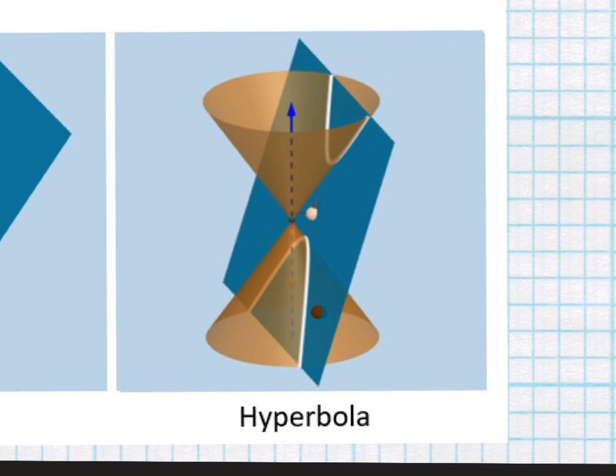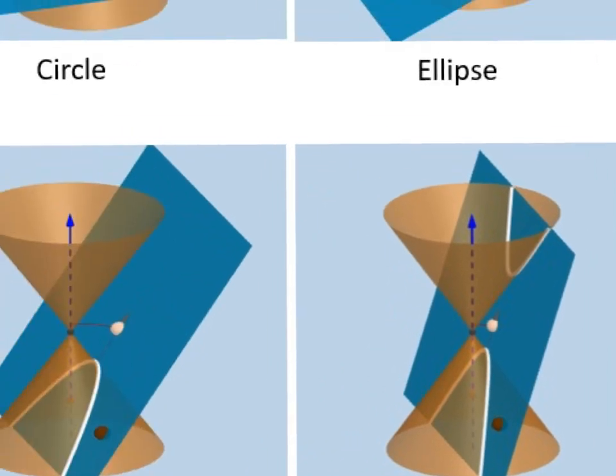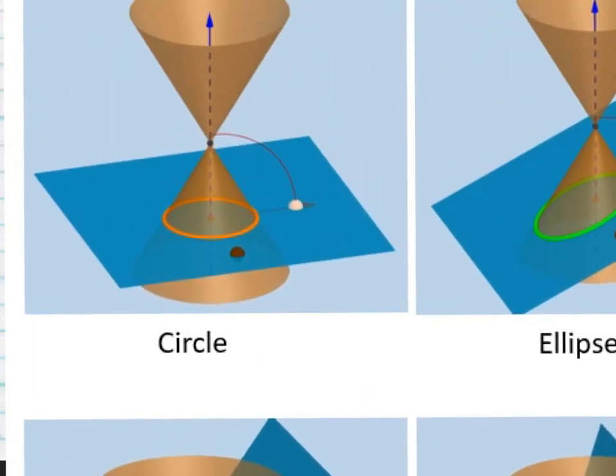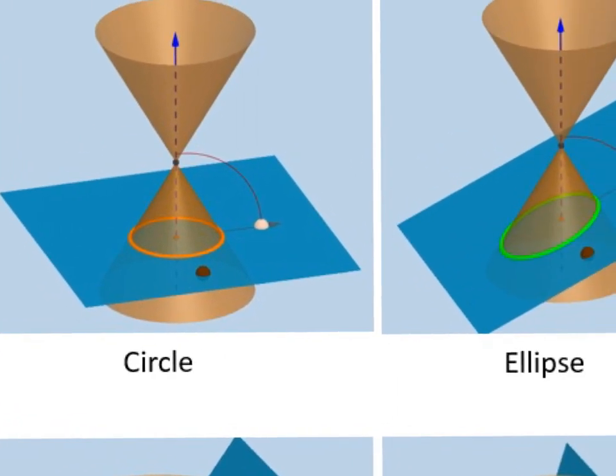So there's a couple other basic things that we could do with these as we're intersecting them. Like if I wanted to slide this plane for this circle all the way up and have the plane go right through this point right here where the cones intersect, I would have a point, just a point, because it would only be the point of the cones that intersect.